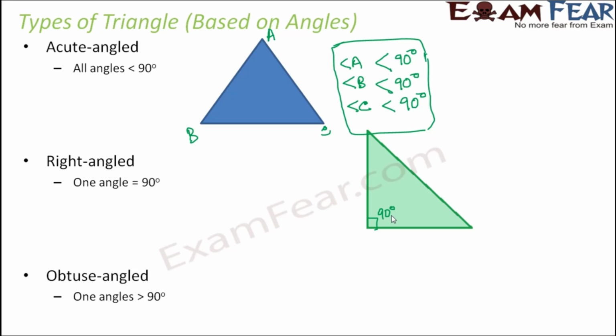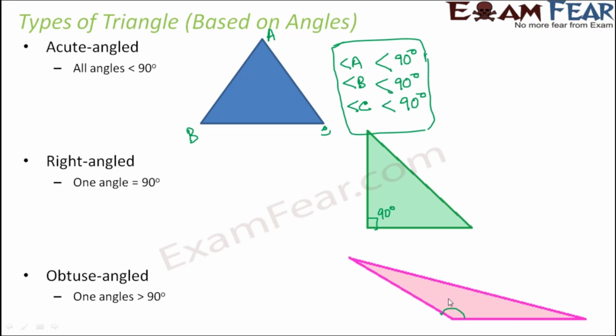And the third category is obtuse-angled, where one angle is greater than 90 degree. Now, do you think that two angles in a triangle can be obtuse angle? No. Again, the same reason, because one angle obtuse means the value of one angle itself is more than 90 degree. For example, in this triangle, this angle is greater than 90 degree.